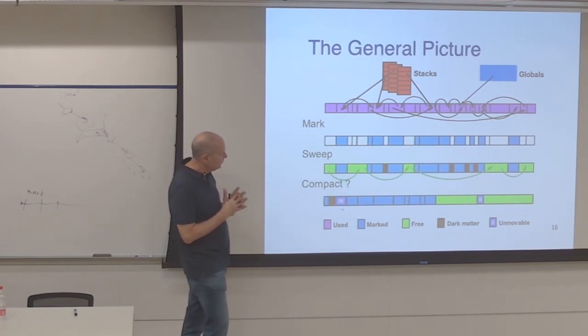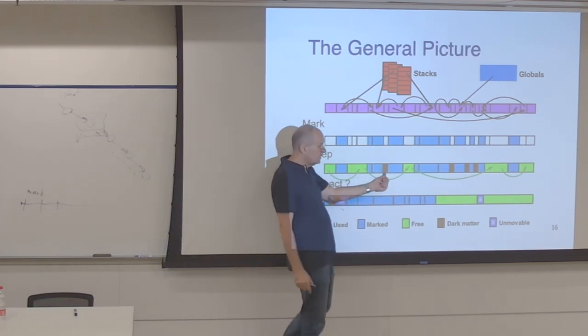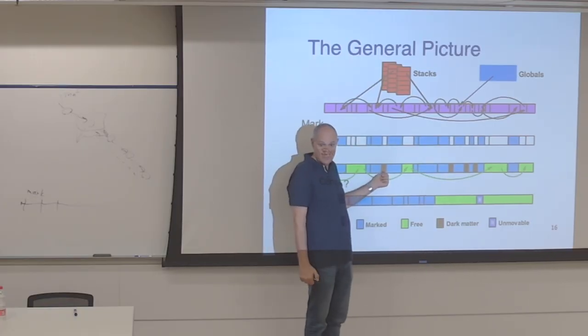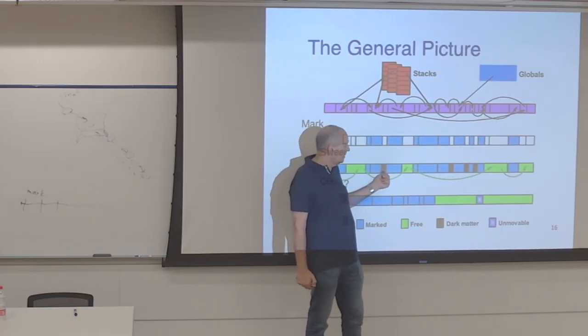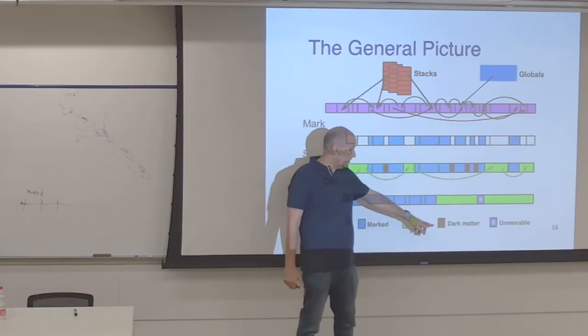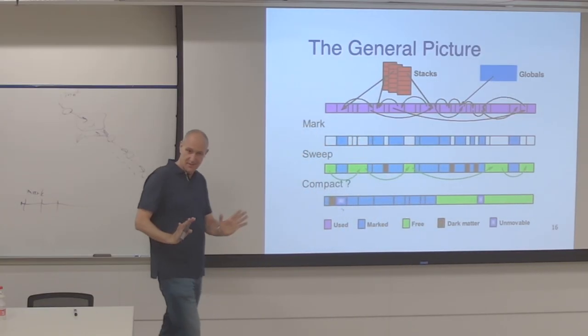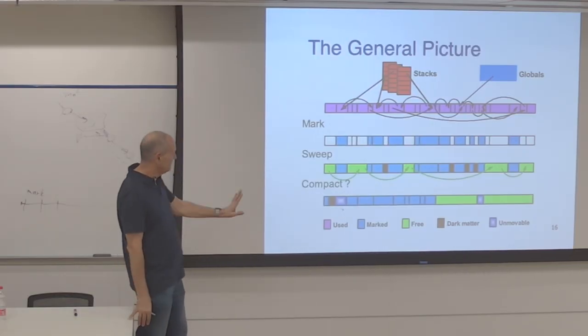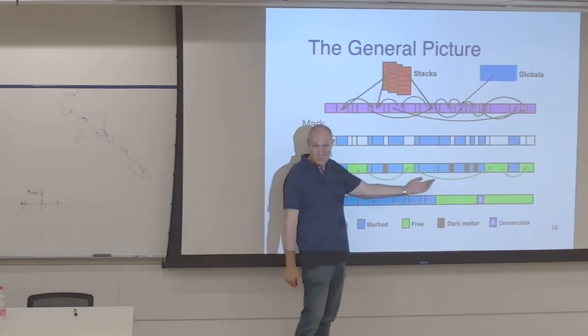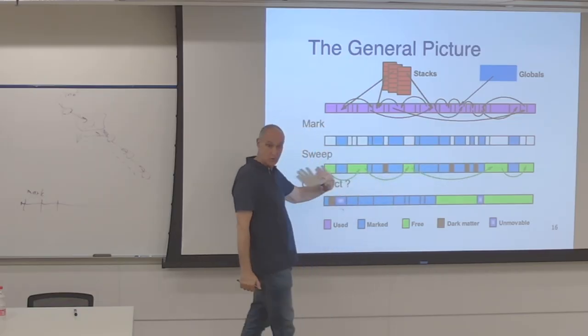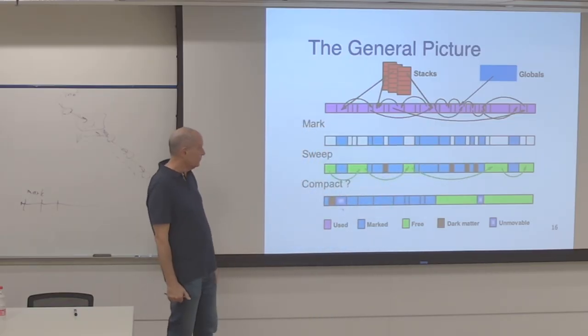Because they are running bitwise sweep, there will be small spaces that will not be added to the free list. And this they call dark matter. Very physical, but they liked it. It's dark matter. You don't see it, you don't know what it is, you don't use it. This is due to this bitwise sweep.